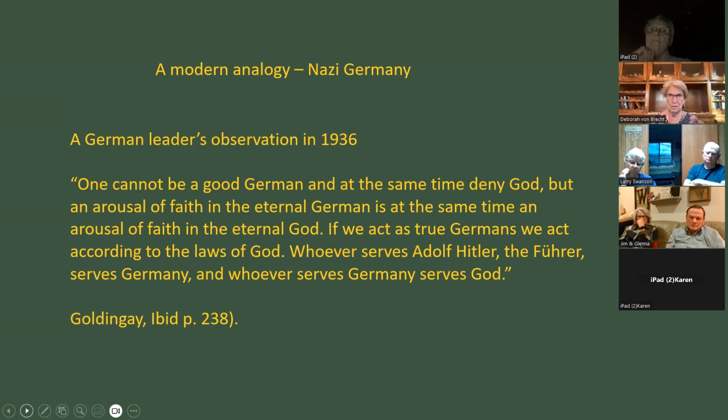A lot of people know the name of Dietrich Bonhoeffer. He was actually in the United States and went back to Germany to join with these pastors in resisting Hitler's moves.